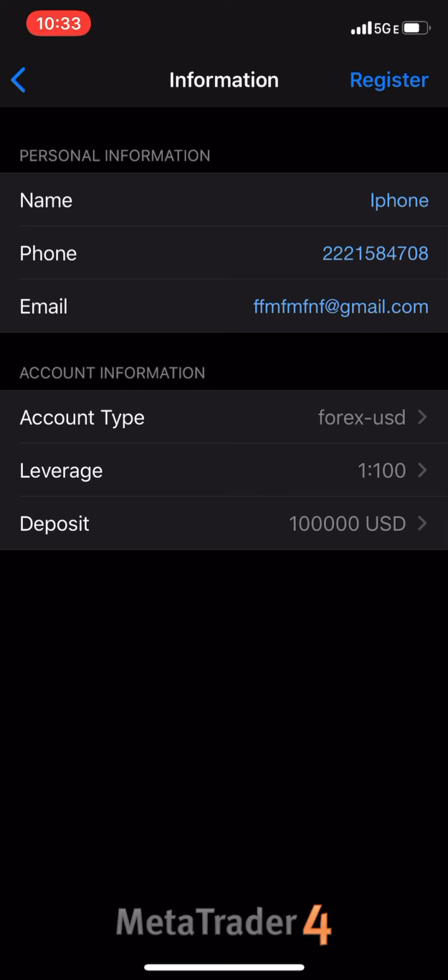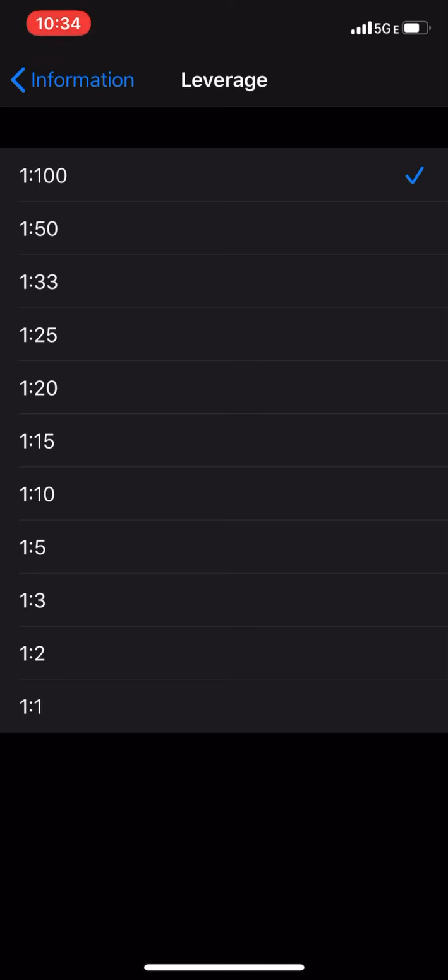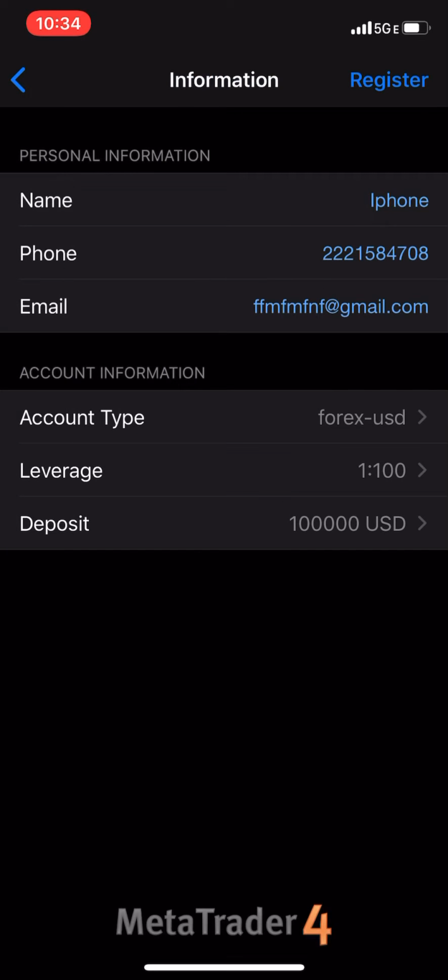You can put in a name, you can put in your phone number, it can be a real number, or it can just be a combination of digits, it's up to you. Same thing for the email. Under account type, we're going to leave it as Forex USD. Under leverage, while there are different options, we can just leave it at 1 to 100 for now.